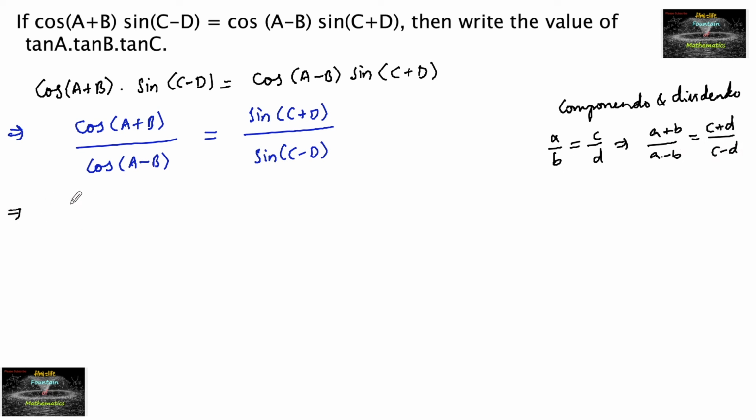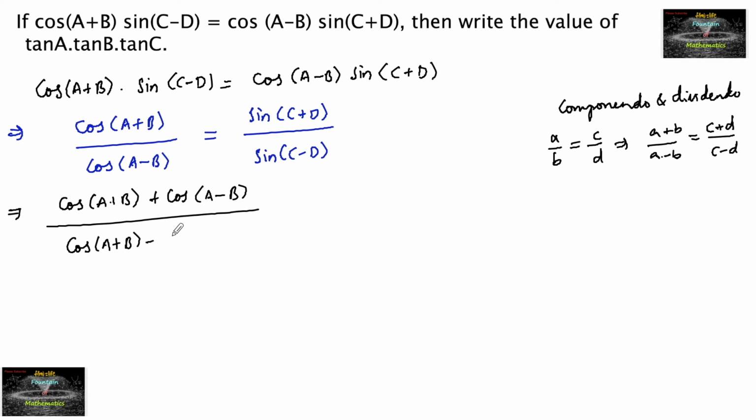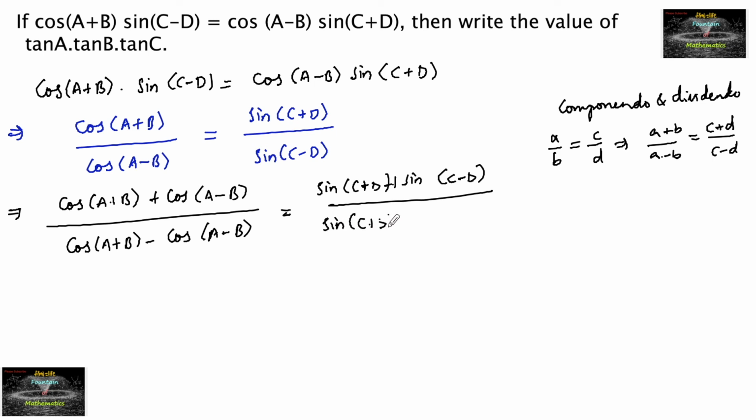So here let us apply: cos(a + b) + cos(a - b) upon cos(a + b) - cos(a - b), which equals sin(c + d) + sin(c - d) upon sin(c + d) - sin(c - d).